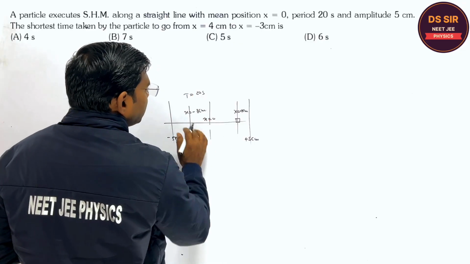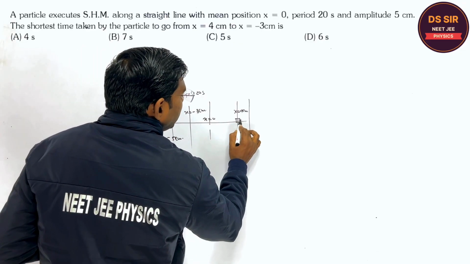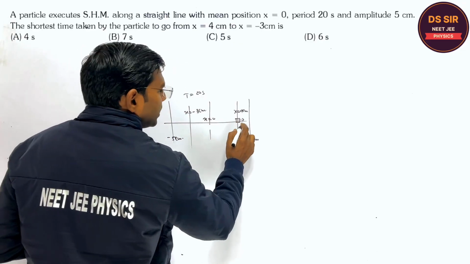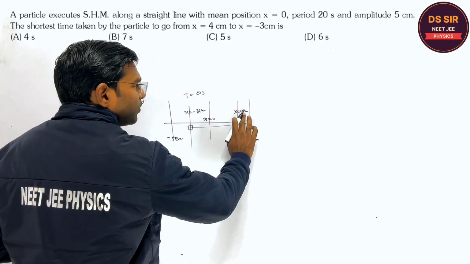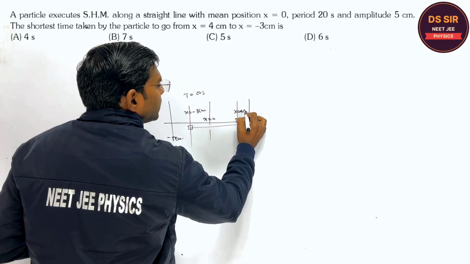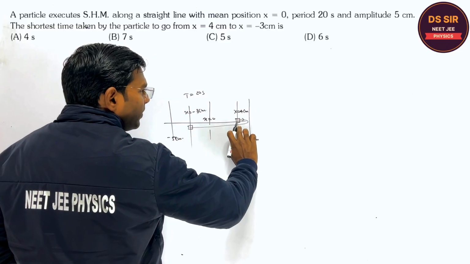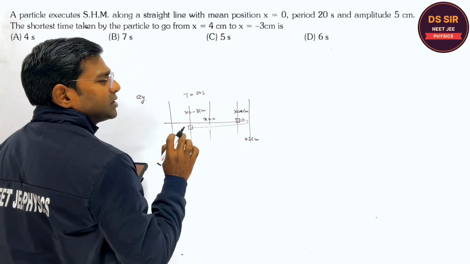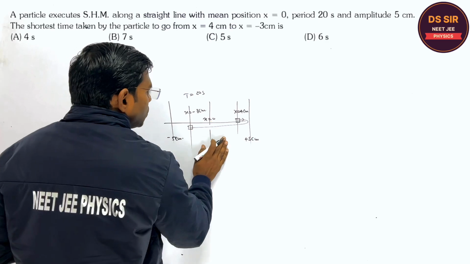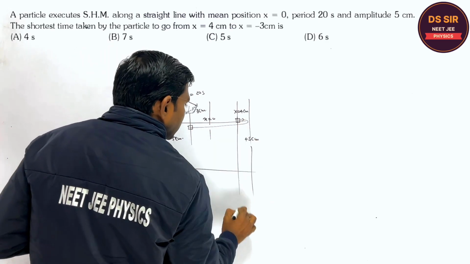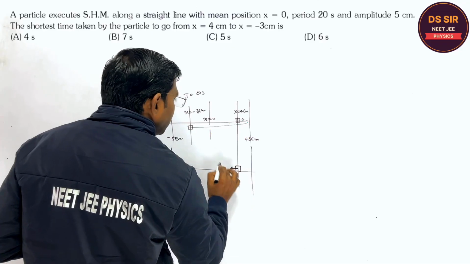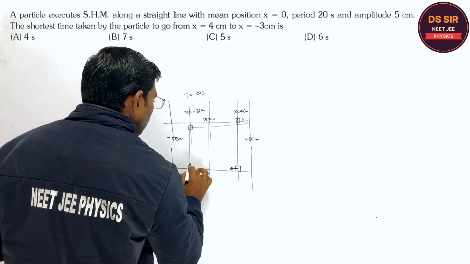One way is that the particle is moving toward this initially and then comes back to this position. So this is also a possibility to move from x is equal to 4 to x is equal to minus 3, but it is a long time. So what is the other possibility? The particle is moving in this way and it reaches this point.